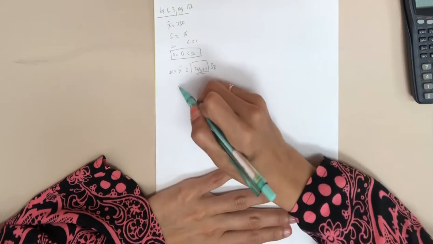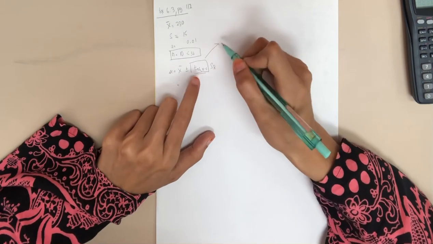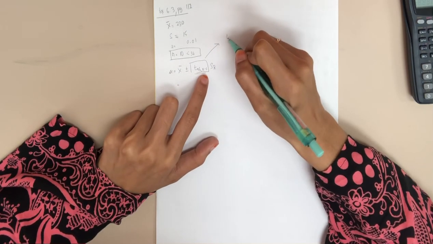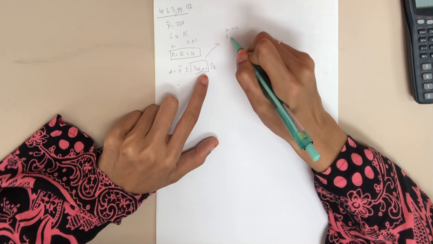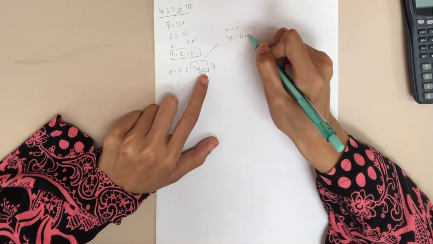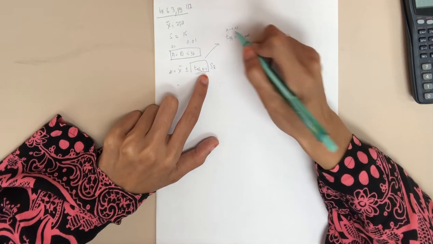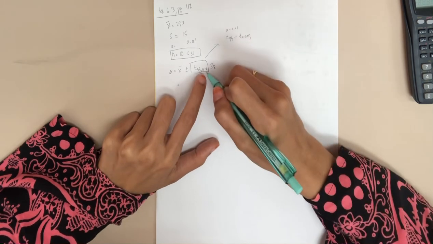Before we substitute, we do this part first. Your alpha just now is 0.01, so what is alpha divided by 2? It will be T 0.005. What about n minus 1?